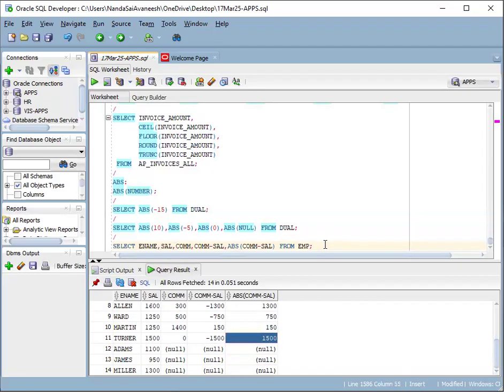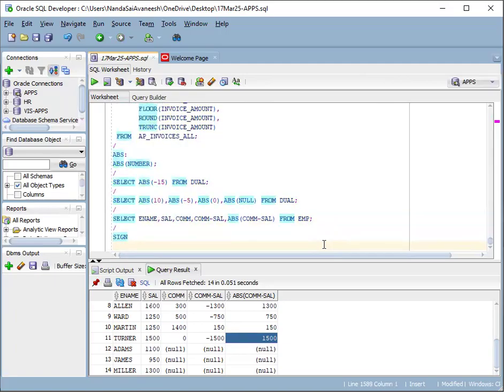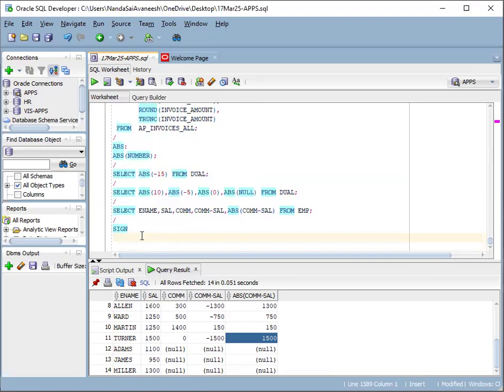The next function we have is the sign function. The purpose of the sign function: based on whether the value is negative or positive, it will give you 1 or -1, or if it is 0, it will give 0.